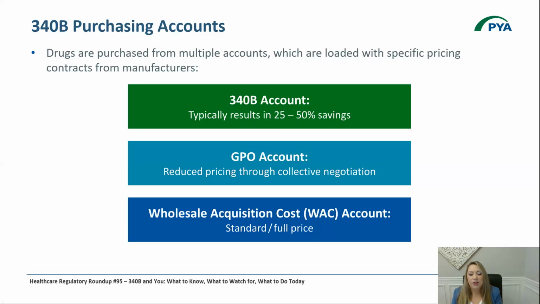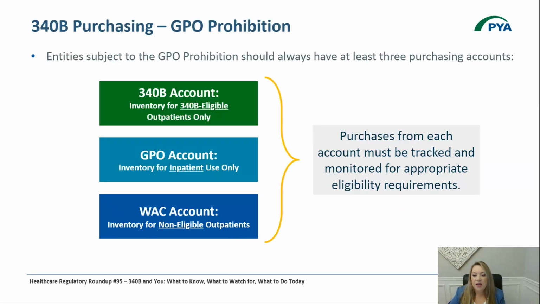And then in the middle, you've got your GPO account, which can, through collective negotiations, offer some reduced pricing, but that GPO account is only applicable for inpatient drugs for organizations that are subject to that GPO prohibition. Again, the purchases have to be tracked from all of these various accounts.